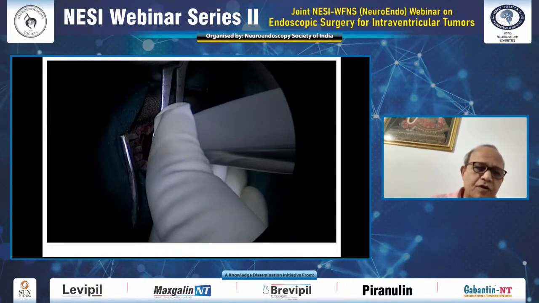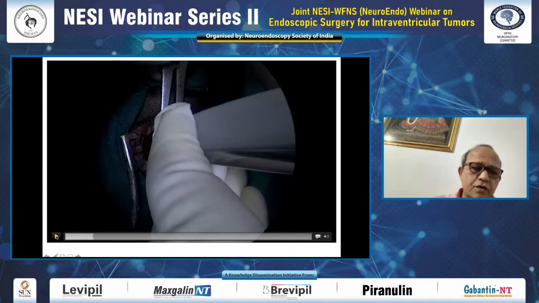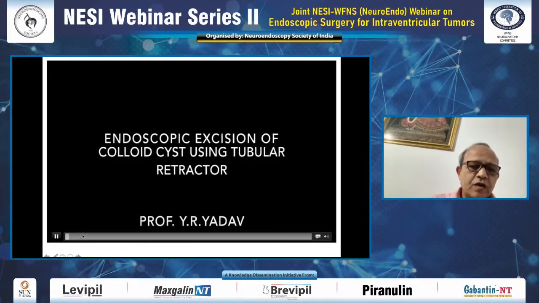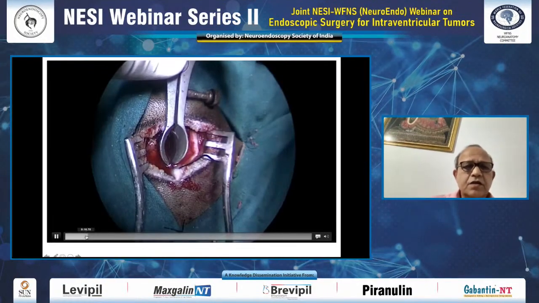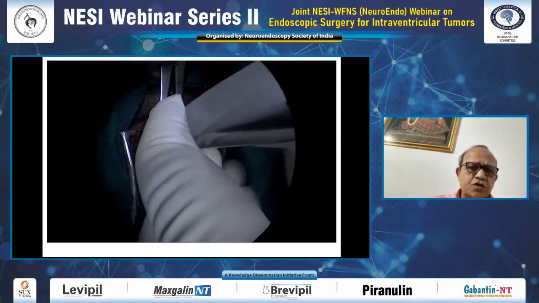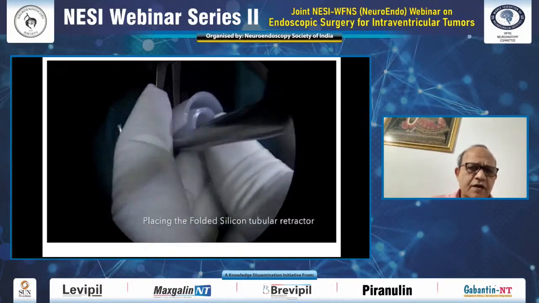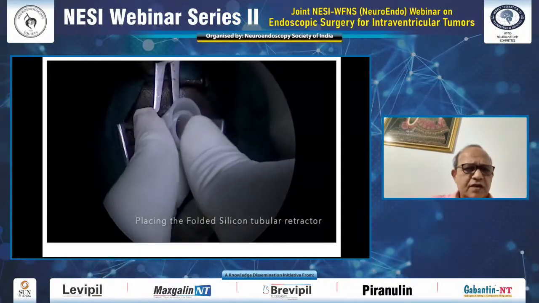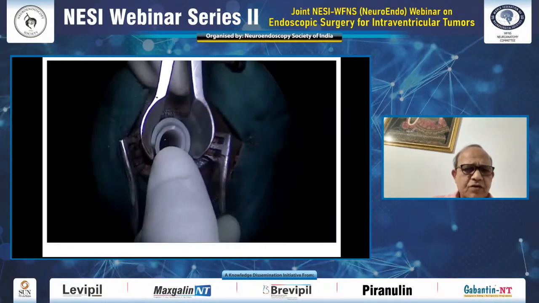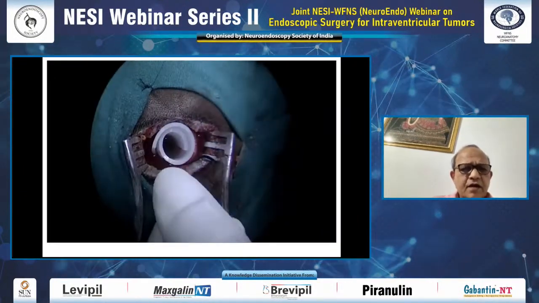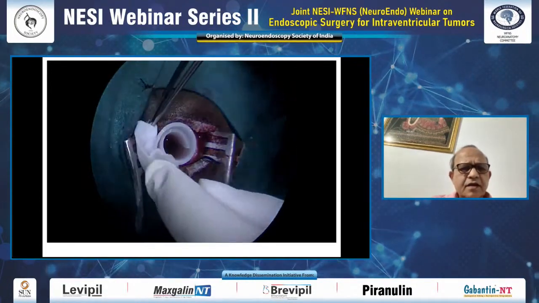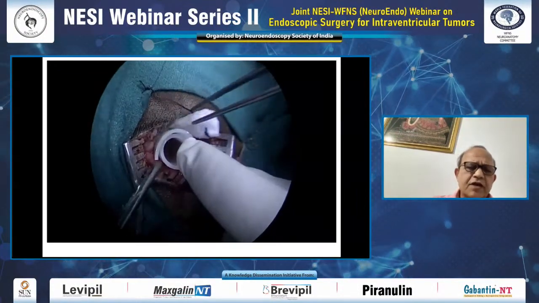We put the nasal speculum, and then the tubular retractor, which is folded, inside. So you enter the lateral ventricle, take out the nasal speculum, and then put the endoscope inside this tubular retractor and do bimanual dissection.